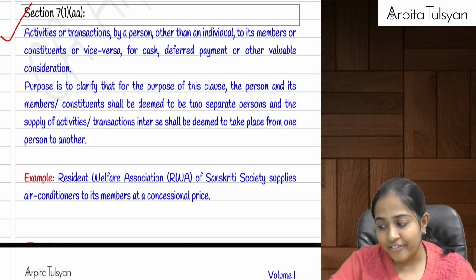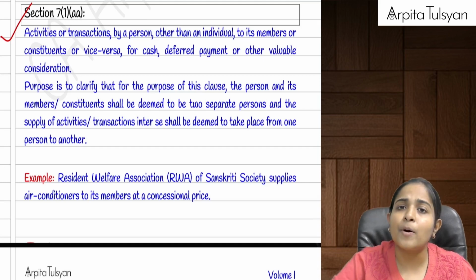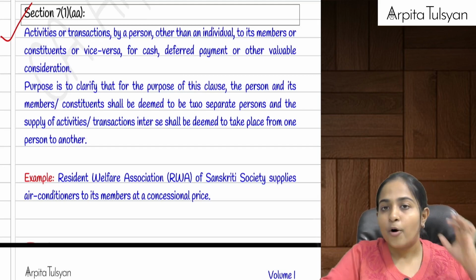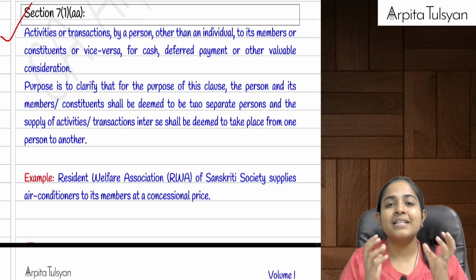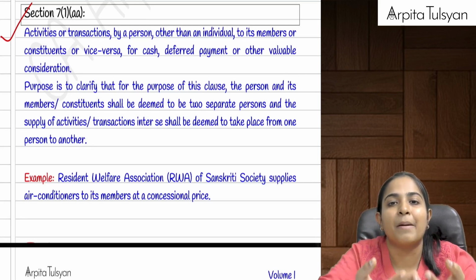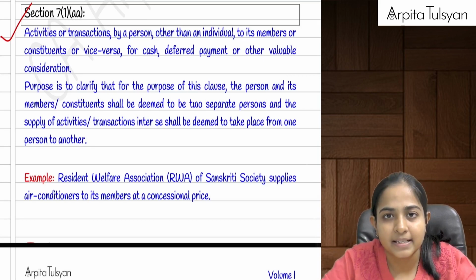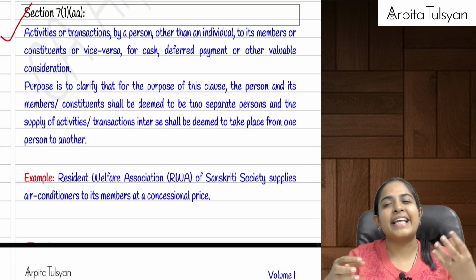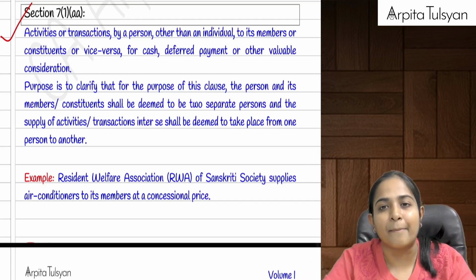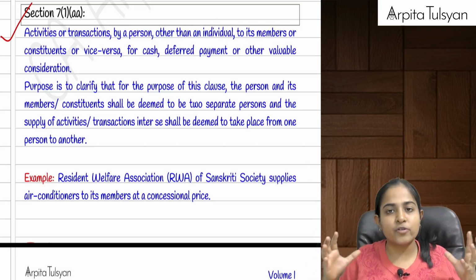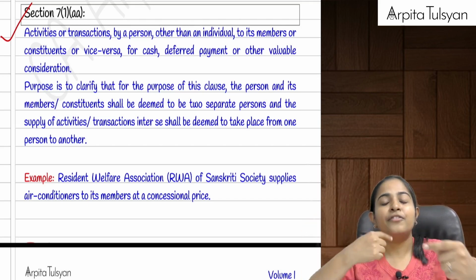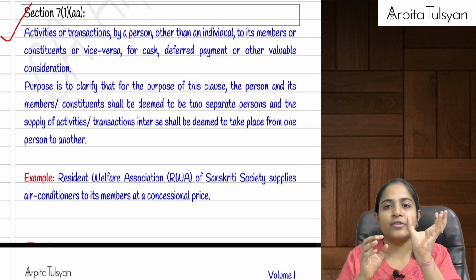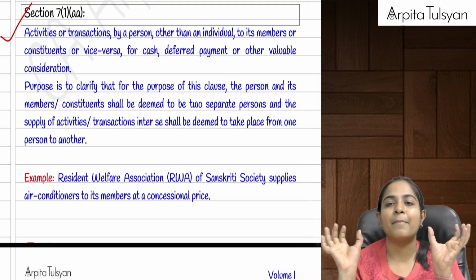Ma'am, can you give an example for that? Yes, you must have heard about cooperative housing societies. A cooperative housing society is providing some services to its members at a concessional price, or selling some product to its members. The cooperative society is one particular person and its members are another person.